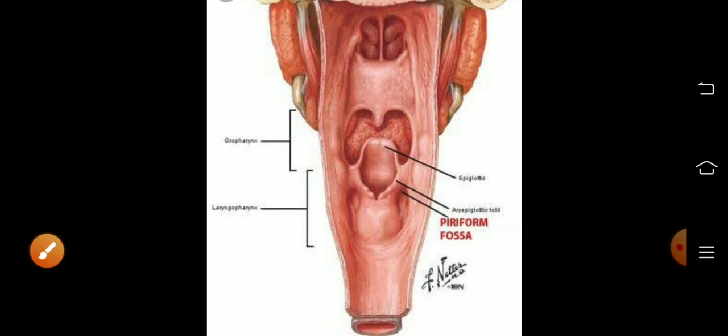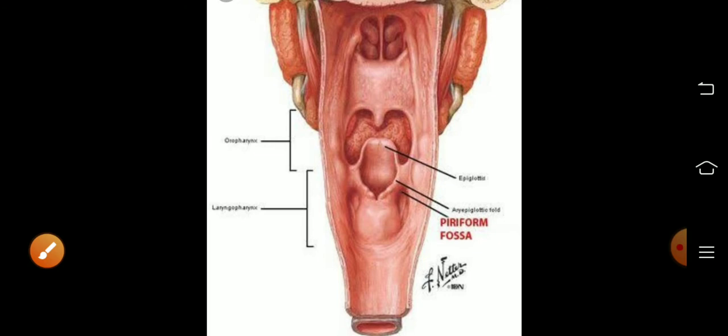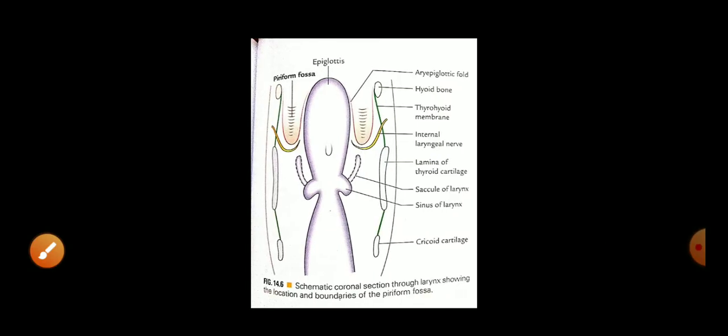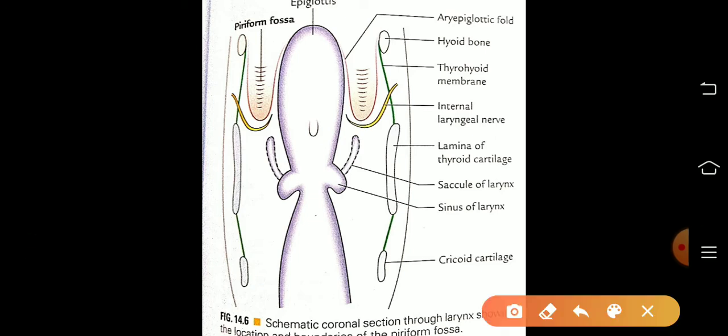The next boundary is the lateral boundary. The lateral boundary is actually formed by the mucous membrane covering the medial surface of the lamina of the thyroid cartilage. So this is the medial surface of the lamina of the thyroid cartilage and the thyroid membrane.